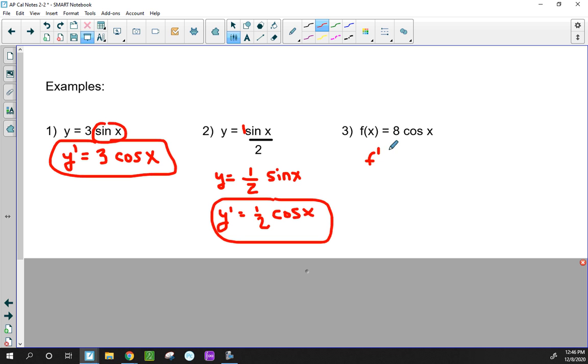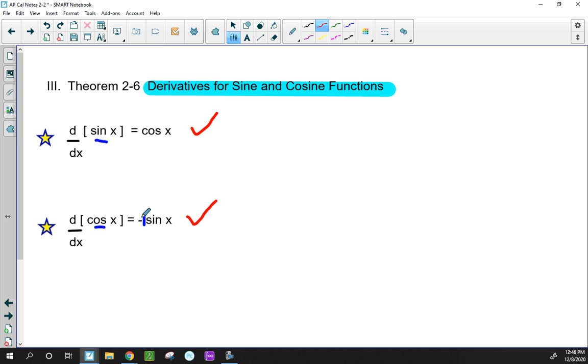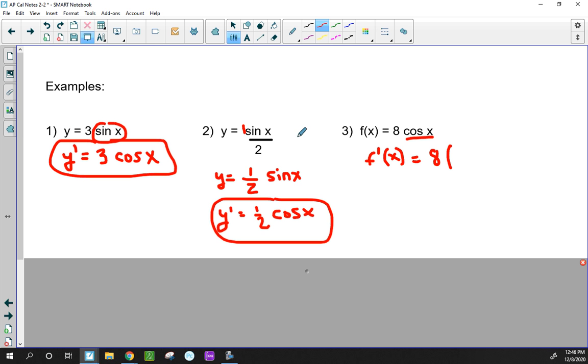Nothing I can do to rewrite or simplify that one, so we're going to jump straight into the derivative. Again, when it has a coefficient, please just include it. And then look at this part: find the derivative with respect to x of cosine x. Based on your notes, that would be negative sine x. So you write it like this.